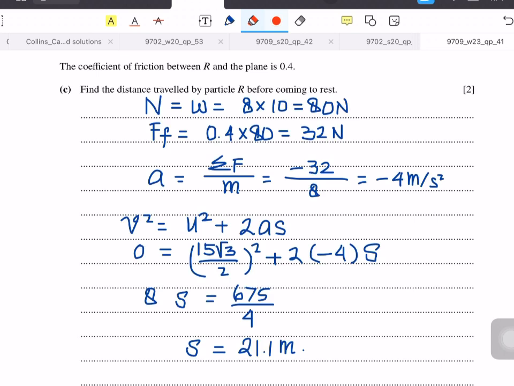So 8s is equal to 15 square root of 3 over 2 squared, 675 over 4. So the distance traveled by particle R before coming to rest is 21.1 meter.